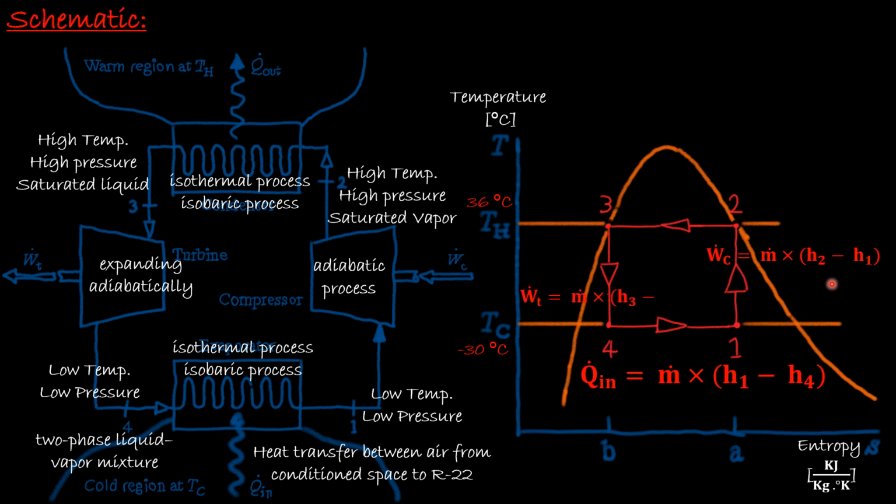And we have the work produced by the turbine, where you have the mass flow rate times the difference in specific enthalpy, from the high specific enthalpy minus the low specific enthalpy.